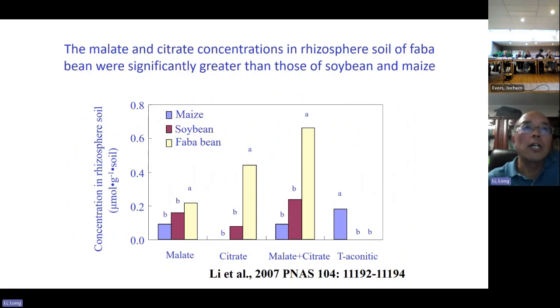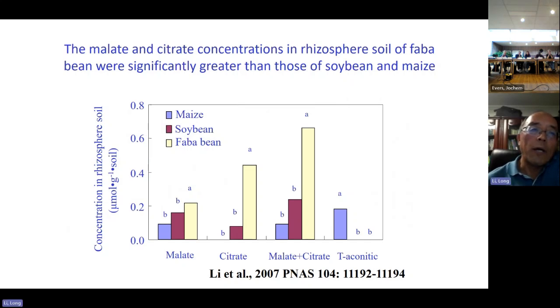We also measured organic acid concentrations in the rhizosphere for different species. We found the malate and citrate concentrations in rhizosphere soil of faba bean are much higher than those of soybean and maize.